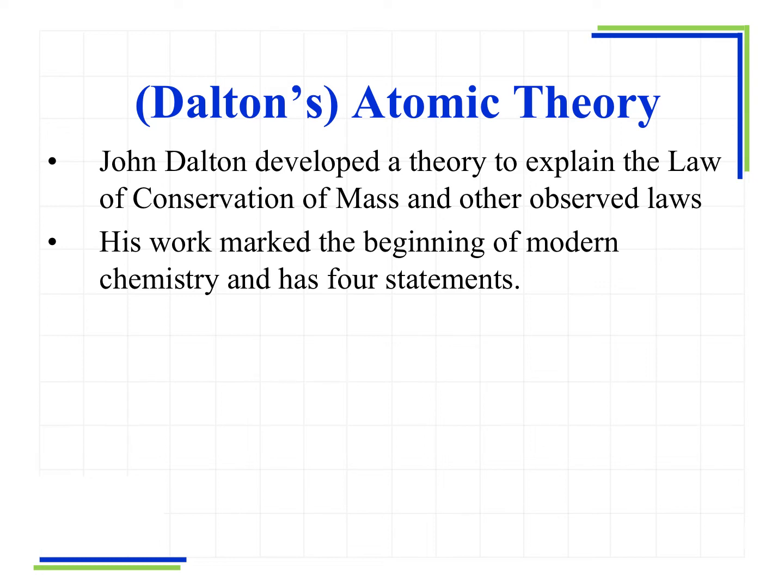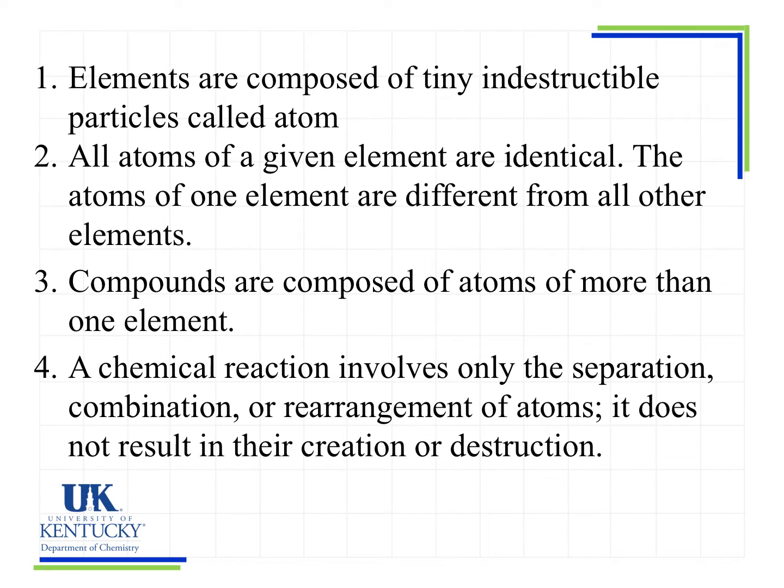So his theory was basically 4 statements. These are the 4 statements of atomic theory. The first one is: elements are composed of tiny indestructible particles called atoms. This is the first time that they used the word atom in chemistry.